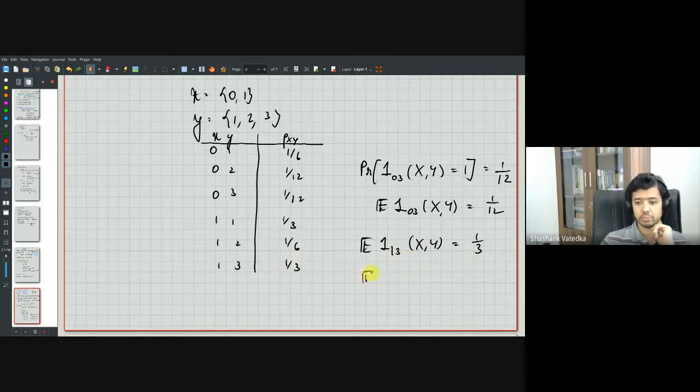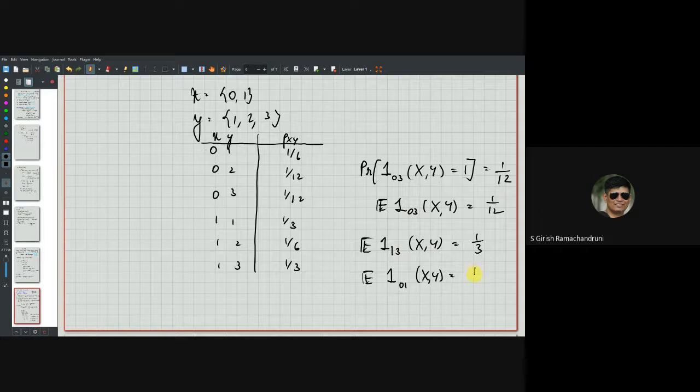What is the expectation of the indicator 1_{0,1}(X, Y)? 1/6.